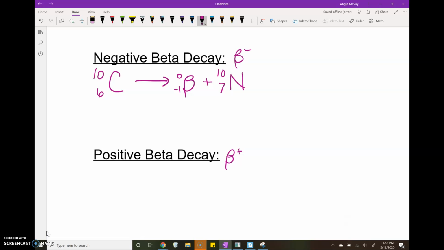I'll talk about this on the next slide, but there had to be another particle to not break a physics law. It was hypothesized that it was a particle that had very, very small mass and no charge, so it couldn't be detected in a mass spectrometer or anything like that. So it had to be tiny, and it had to be neutral.